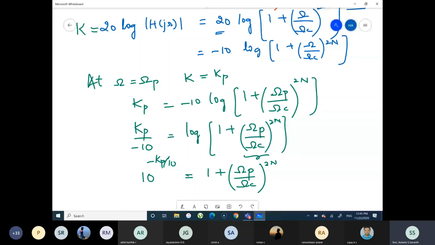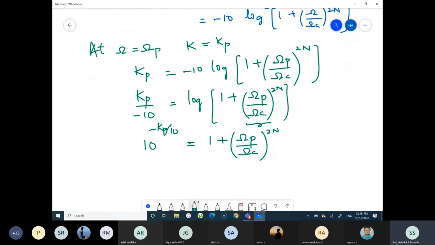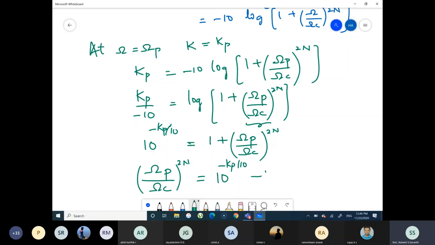From this, I'll now write down what is omega p by omega c to the power 2n. So that will be 10 raised to the power minus kp by 10 minus 1. We can call this equation 1.